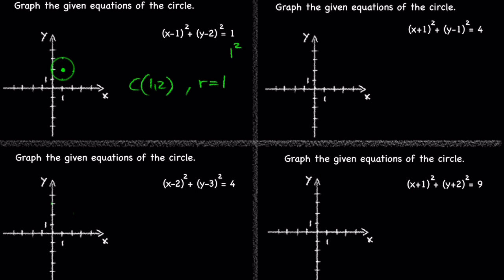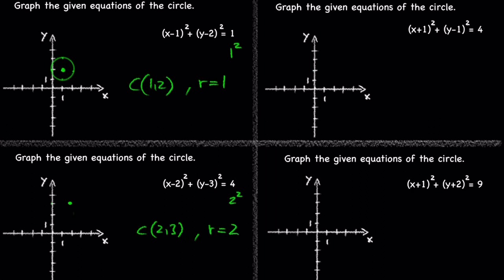Let's look at the next equation. The coordinates of the center of the circle are 2, 3, which is here in the xy plane. What is the radius of this circle? We can write the 4 as 2 squared. So the radius is 2.